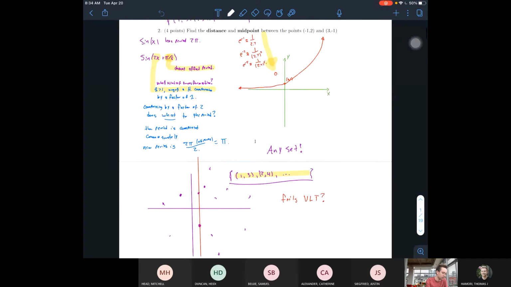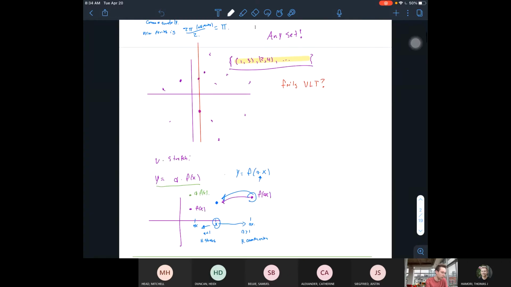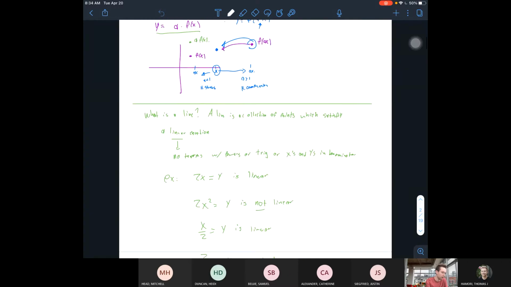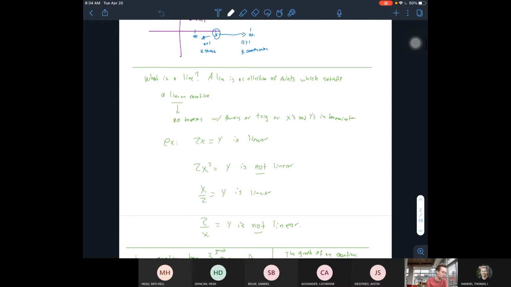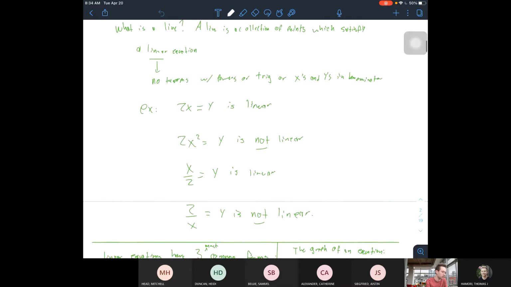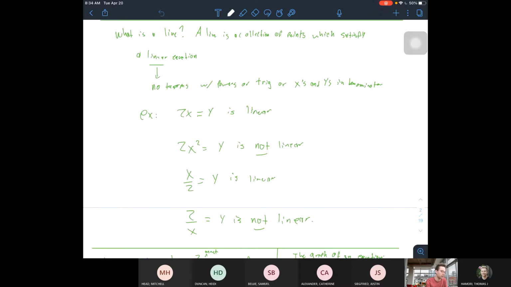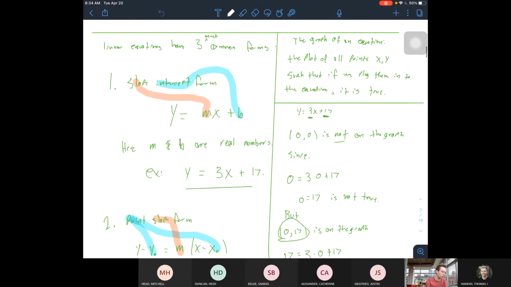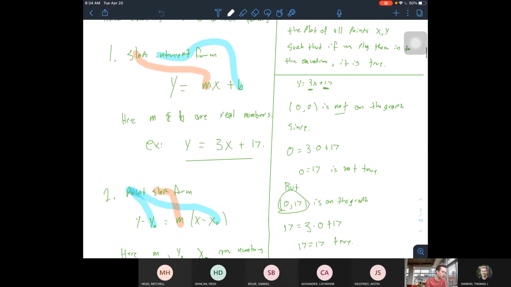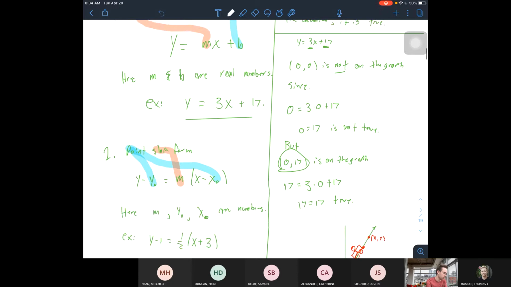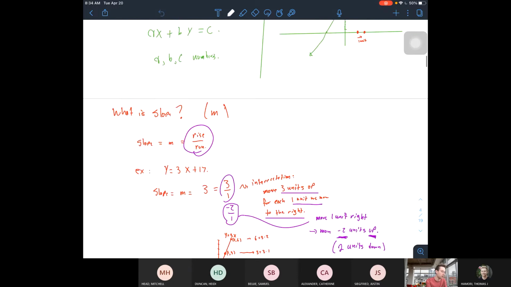But I do want to advertise first that after class, I went through a ton of examples about linear equations. So I just want everybody to be aware that there are some recorded office hours from after class yesterday. I went through what is a line, what is a linear equation, and the ways in which we see linear equations, like slope-intercept form, point-slope form, standard form.